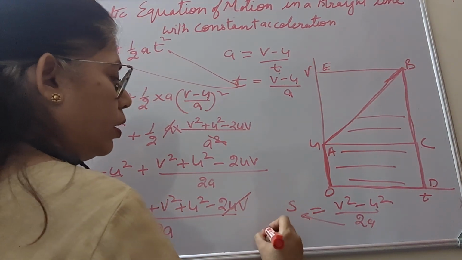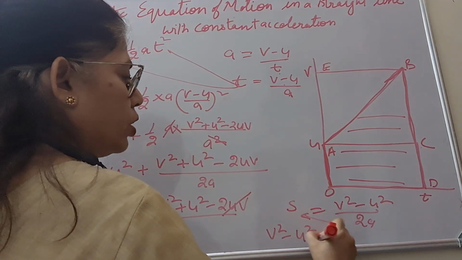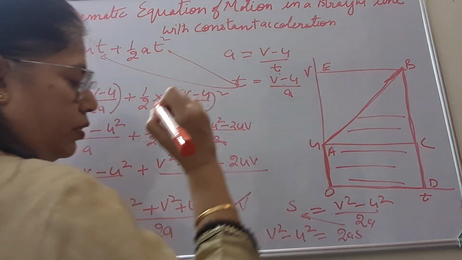Cross multiply, v square minus u square is equal to 2as.